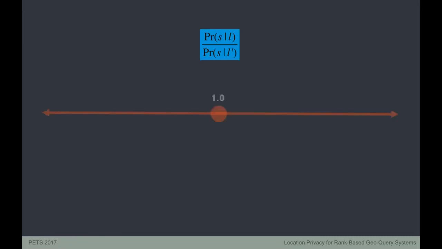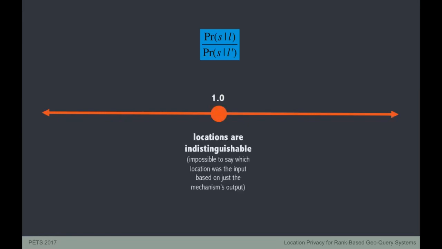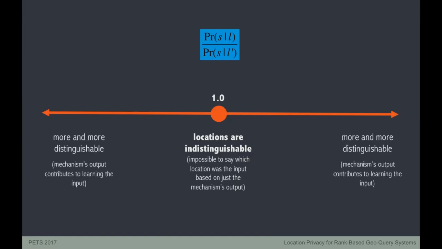Okay? And then we say, okay, if this value is 1, essentially what it is saying is that given S, essentially it's independent of L. So there's no way you can figure out if L was used to generate S or L prime was used to generate S. Okay? Then, as you move away from this point, you are saying that the locations are becoming more and more distinguishable.